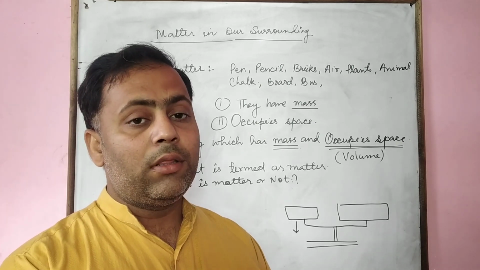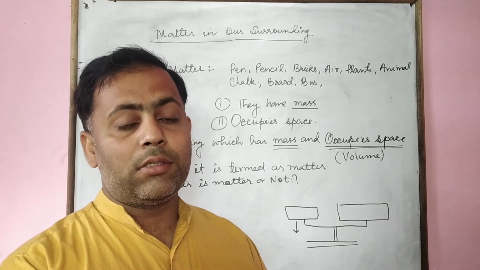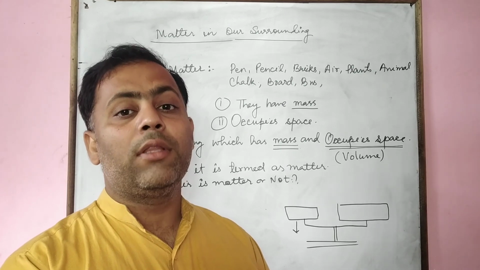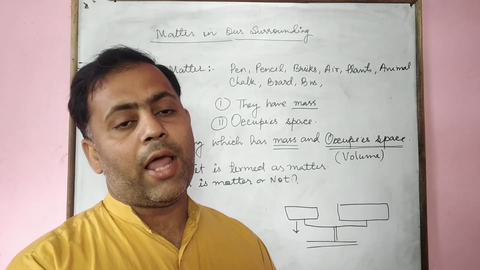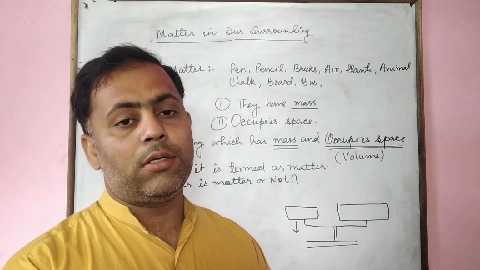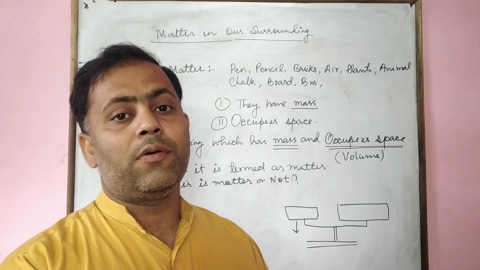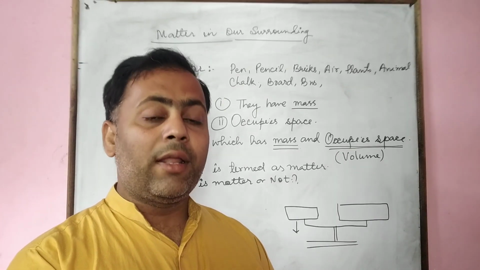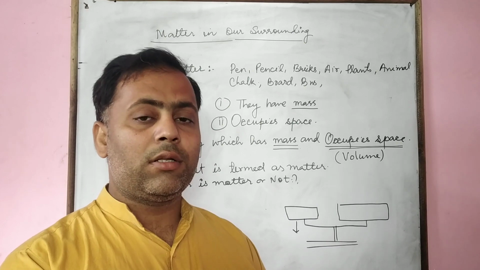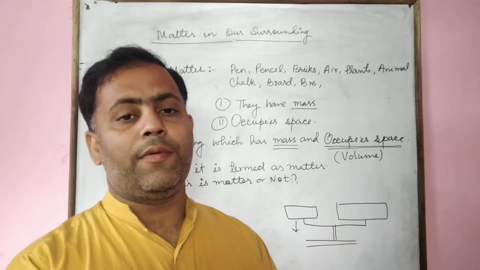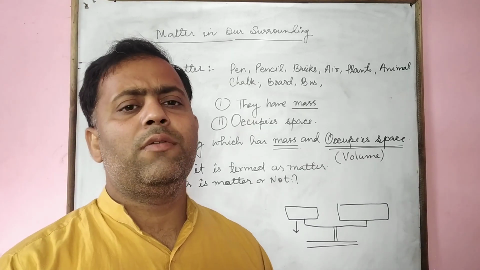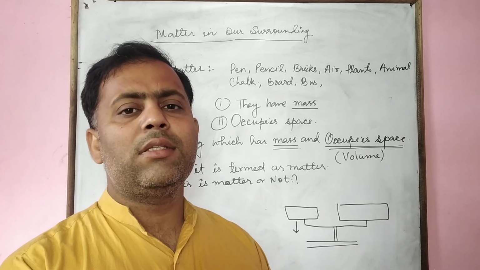We know when the gas is used, the cylinder is light in weight. Why is it light in weight? Because of absence of gas in it. But when gas was filled in it, then it has more weight. In this way, by this observation, we know that the air has mass.